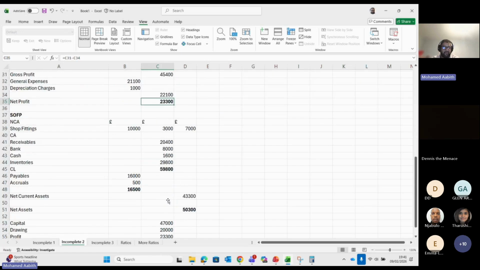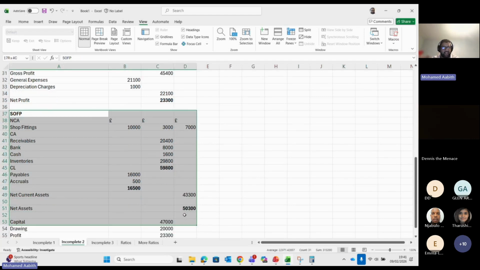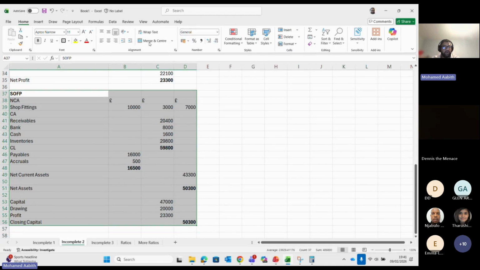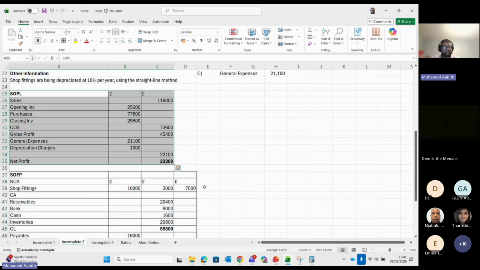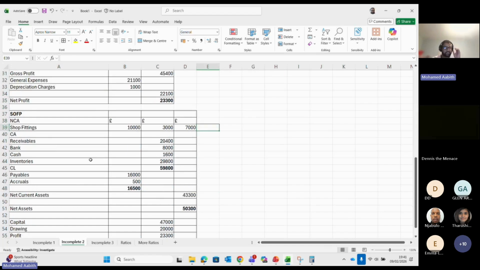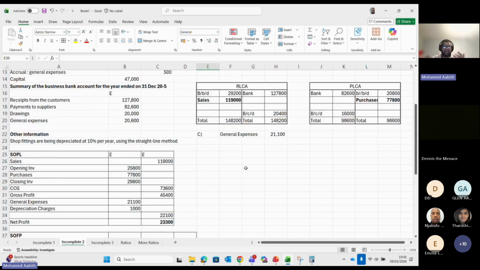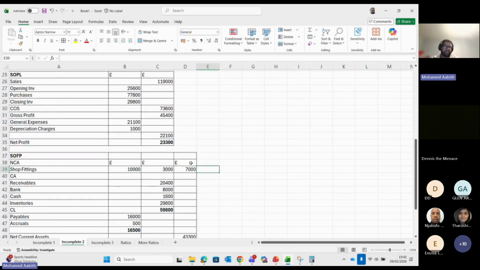Once you find the net profit, the same information can be populated in my statement of financial position. If I go quickly to this one here, and the statement of profit and loss as well, it does look like what we need. It's all been included in there. So we made sure all the information has been added, and you'll be able to see how that missing information was critical in finding all the missing data.